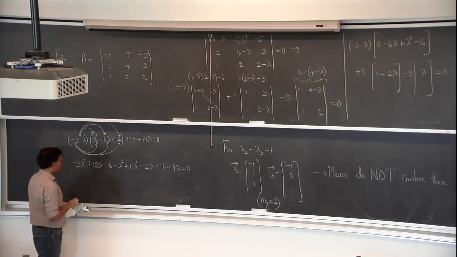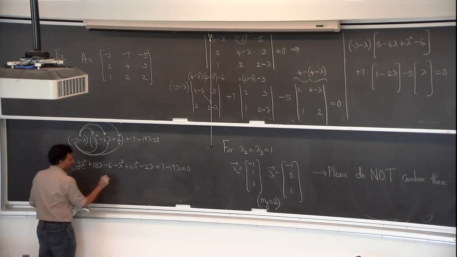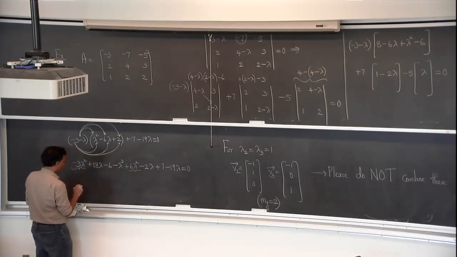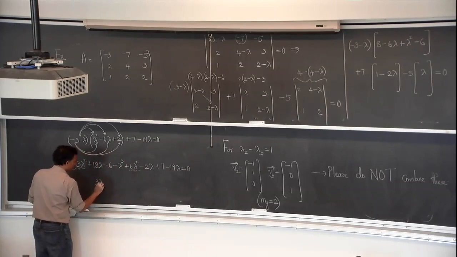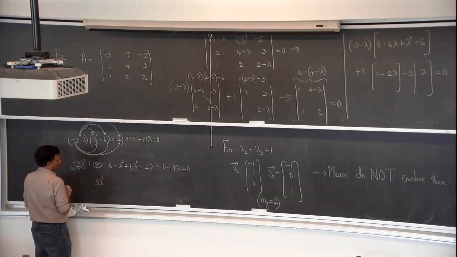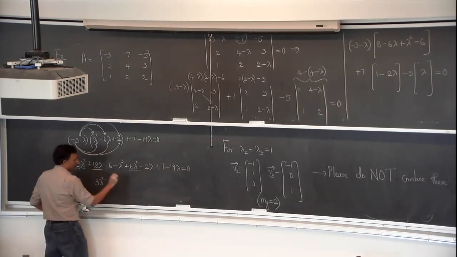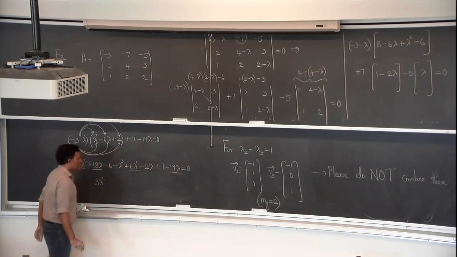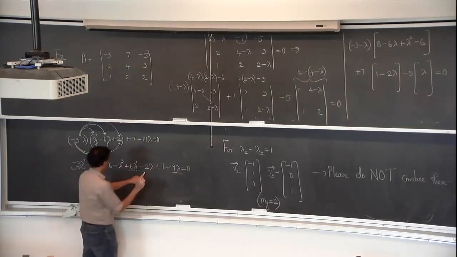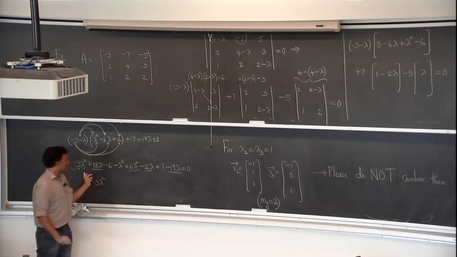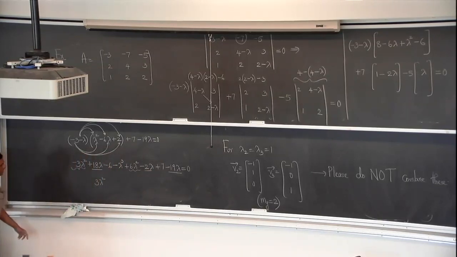All right, let's see what we can clean up here. We have a -3 lambda square, +6 lambda square. That's a 3 lambda square. Then you have a plus 18 minus 19, and then you have a -2 here. That's a -3 lambda.